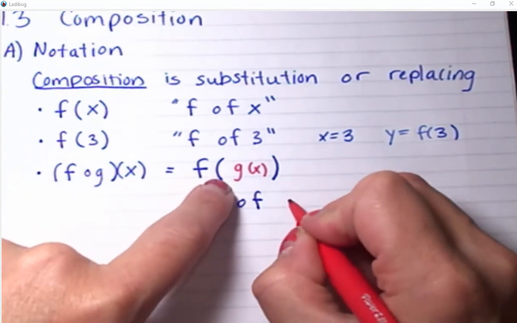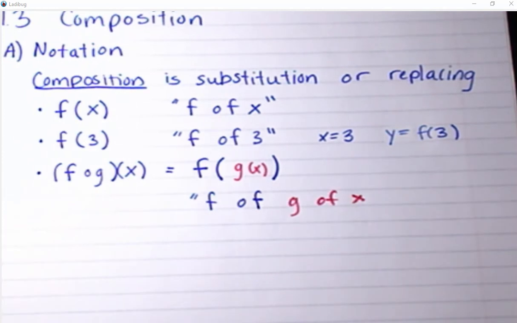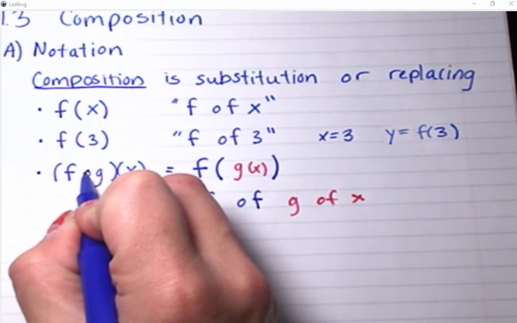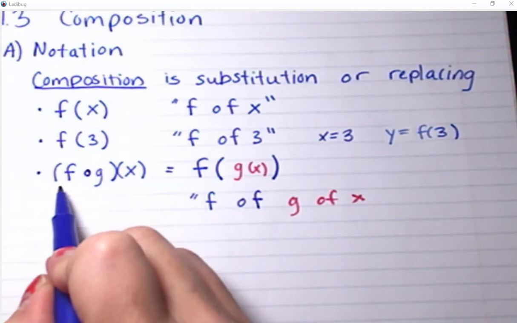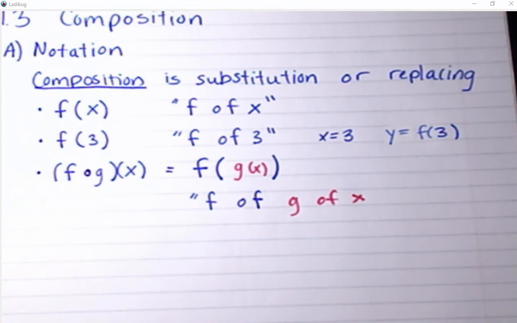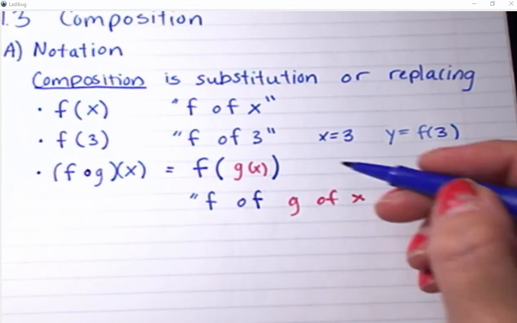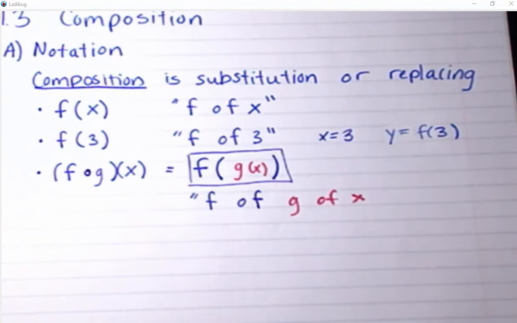It's f of g of x. It's just like a chain. So this right here, I like to think of that circle as "of." It's kind of like a parentheses. f of g of x. I would always aim for this notation because I find it to be a little bit easier to use. Okay?